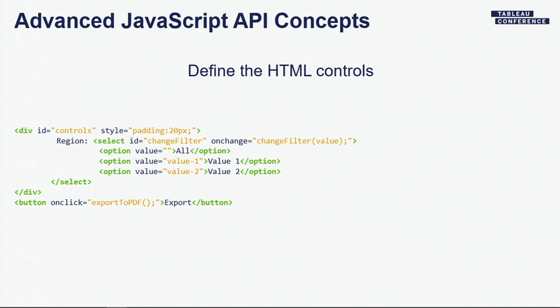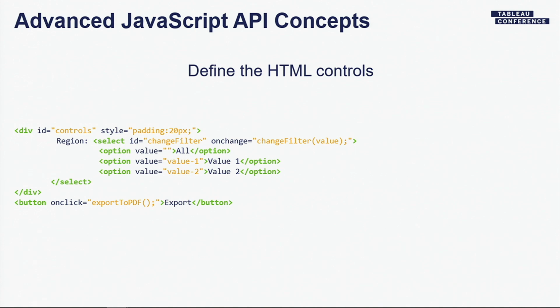But once again, we're going to define the HTML elements here. And in this case, we're defining a drop-down, and we're defining a button. Now, the purpose of the drop-down is very simply to allow me to filter so that I can use either a combo box or something similar to that and have that outside of Tableau, but interacting with the dashboard. Now, why would I do that?